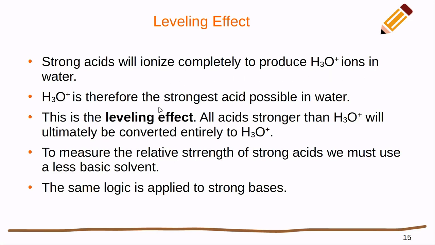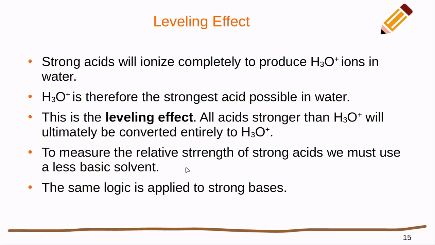So there's no benefit to being any stronger. You're only ever going to be able to produce hydronium ions. You're just going to dissociate completely and have that Ka at infinity. This is the so-called leveling effect, where at some critical point acid strength just breaks down and all acids are just strong acids and ionize completely.